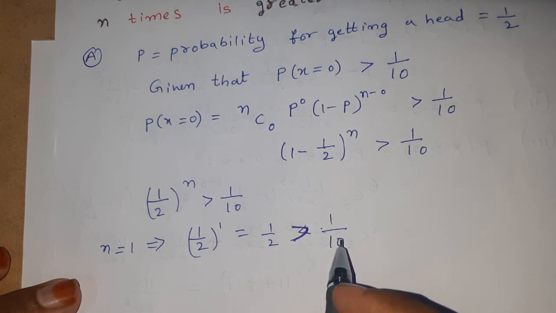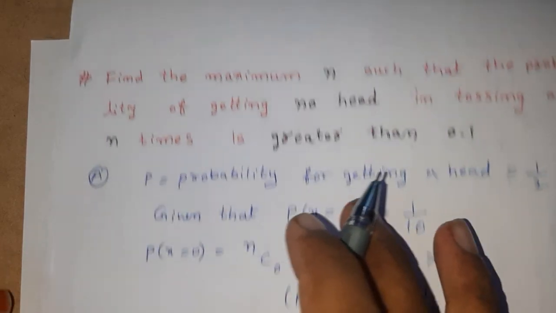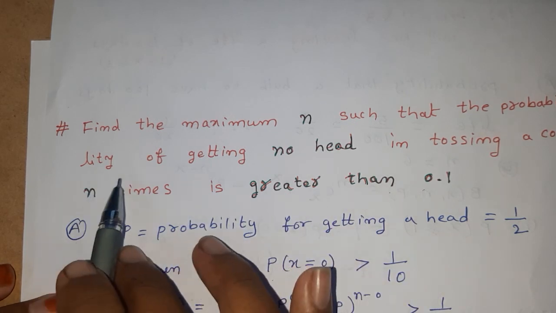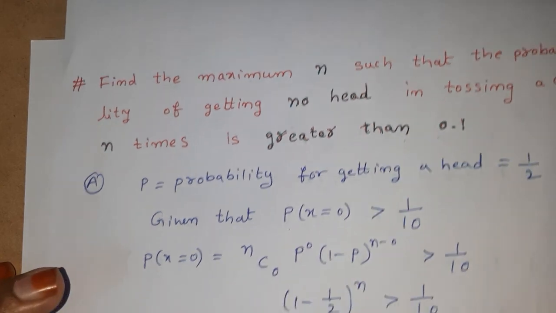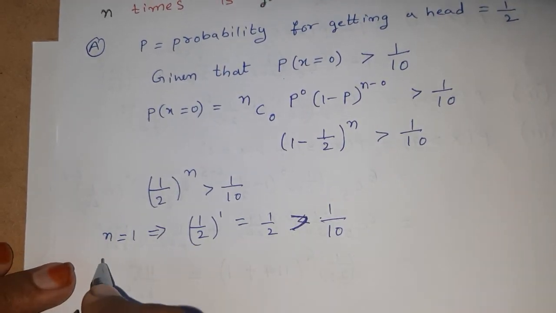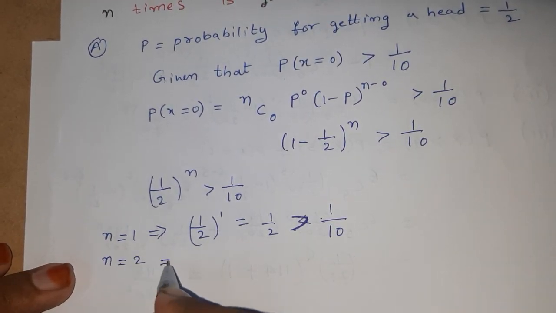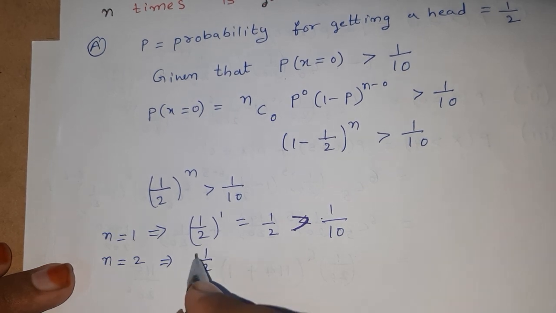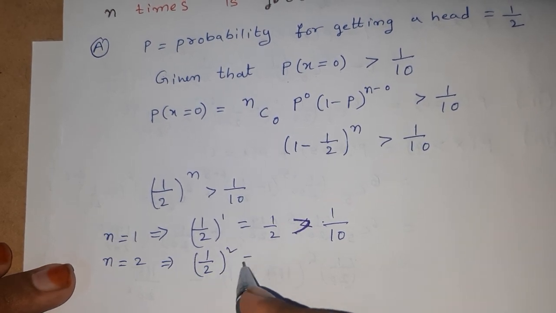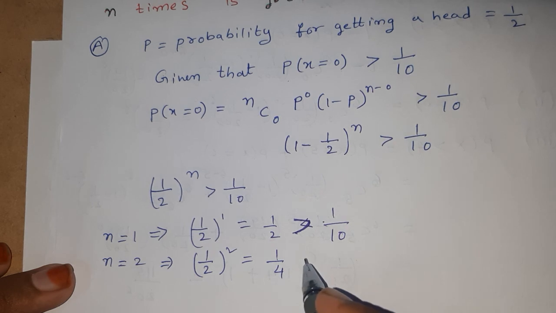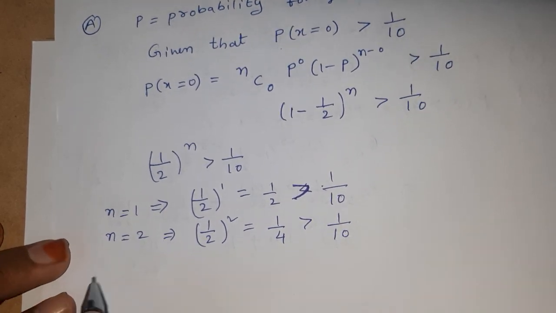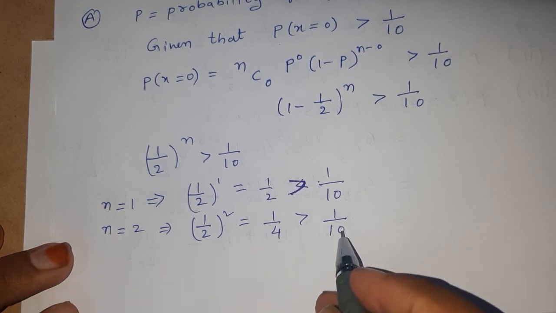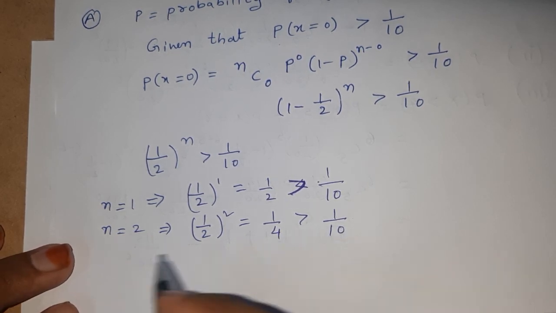But you have to find the maximum n such that in tossing a coin n times the probability must be greater than 0.1. Now n equal to 2: (1 by 2) squared is 1 by 4, which is also greater than 1 by 10. Compare the denominators to get the inequality.